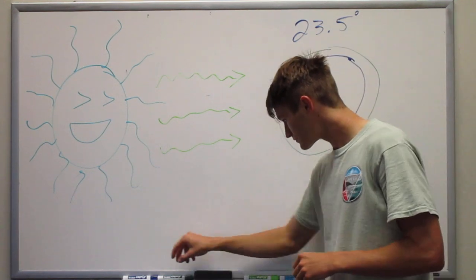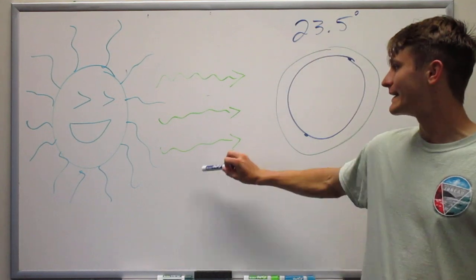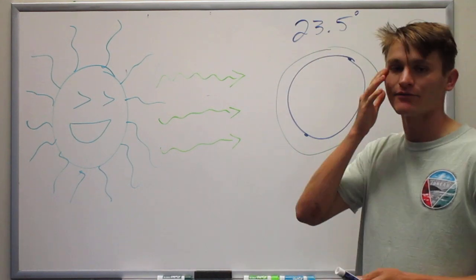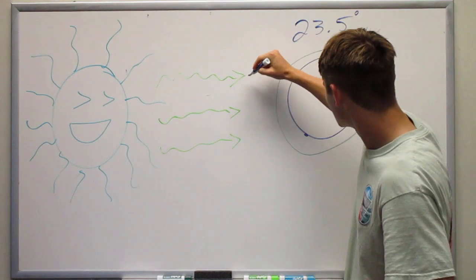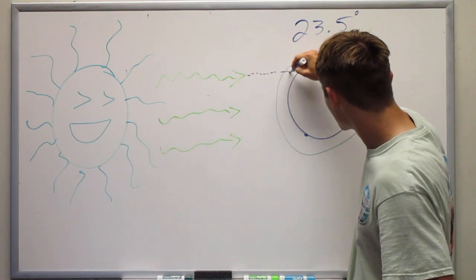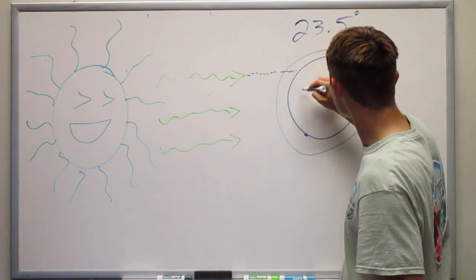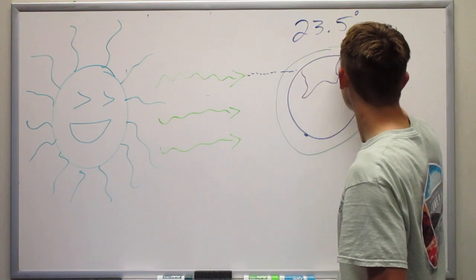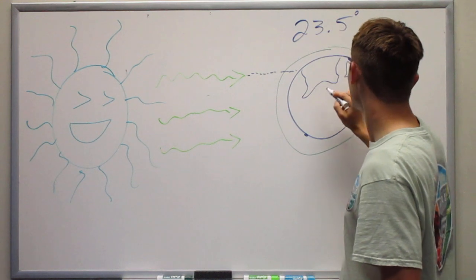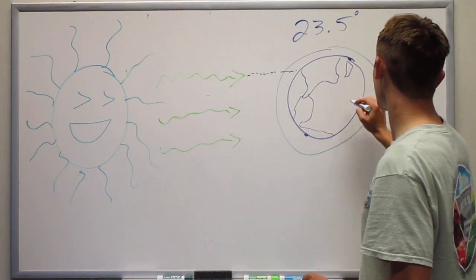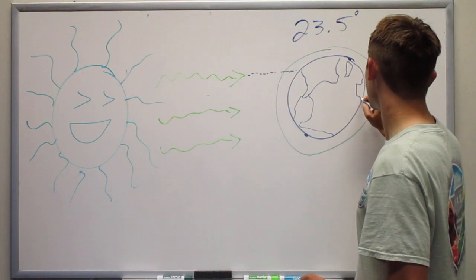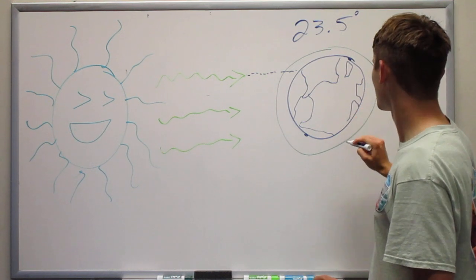So this is what heats up this Earth. This is what causes us to have heat. So let's say this is North America. This is North America with South America right down here, Antarctica, bits of Europe, Africa. Okay.